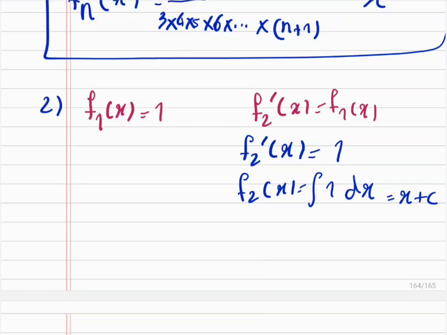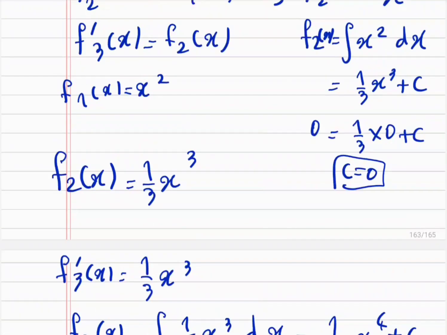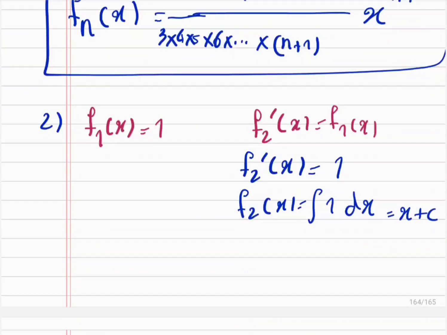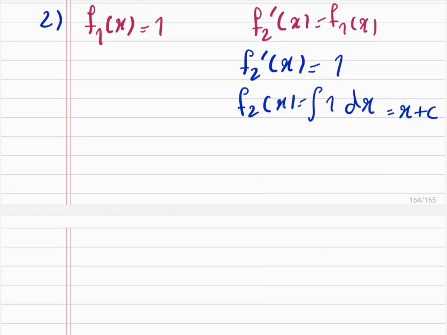x plus c. Now for the constant of integration, we should use the fact that all the curves pass through the point (0, 1). That means we can substitute (0, 1) into the equation of every curve and find the y-intercept. We substitute 0 into x and 1 into the output, f(x).